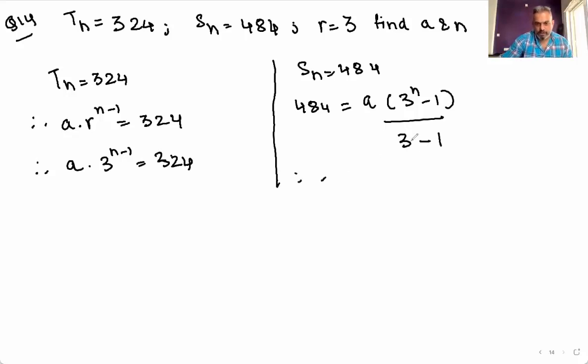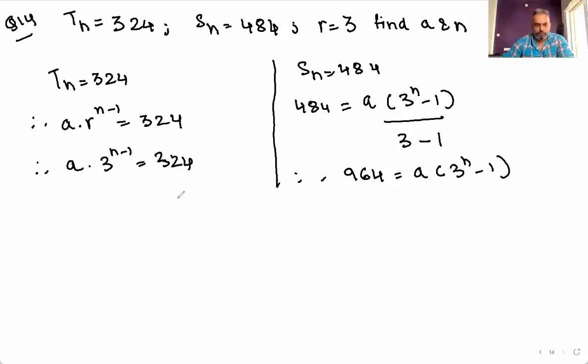So we cross multiply, 3 minus 1 is 2. So 484 into 2 is 968 is equal to A into 3 raised to n minus 1. So now over here you can see that we are stuck and we can't move forward because A is also missing and N is also missing.